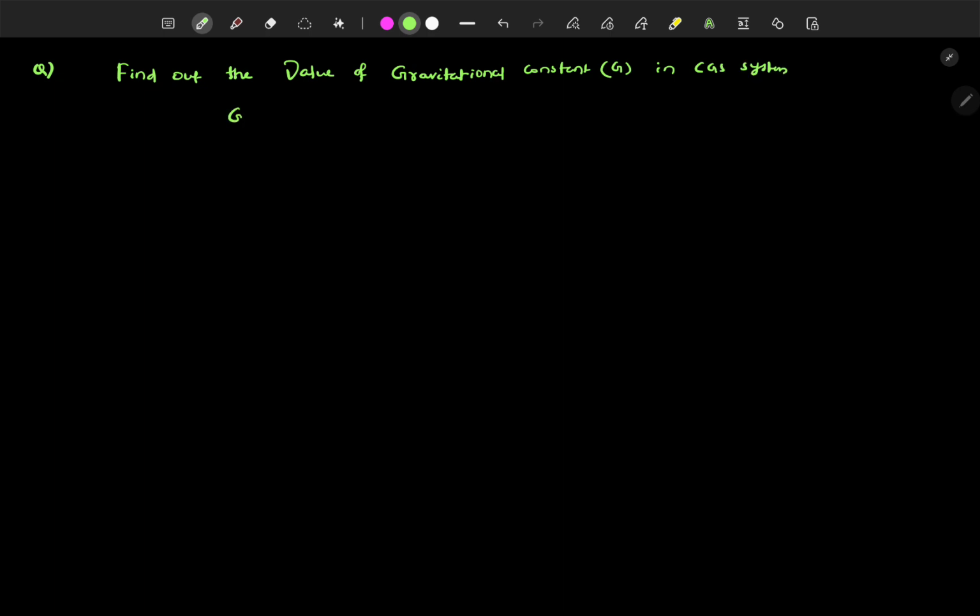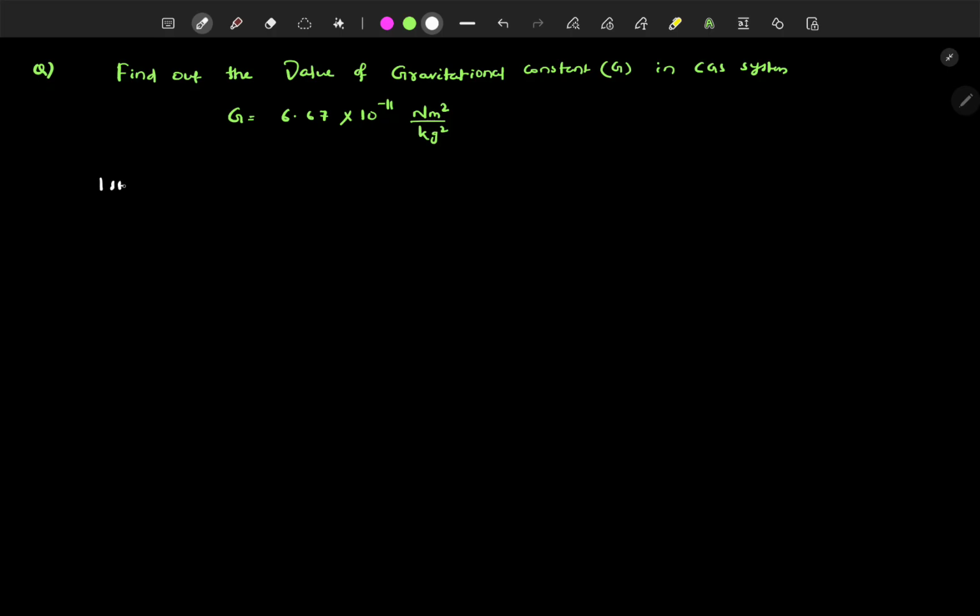And it is mentioned that capital G is equal to 6.67 into 10 to the power minus 11 Newton meter square per kg square. You have to convert this into the CGS system.